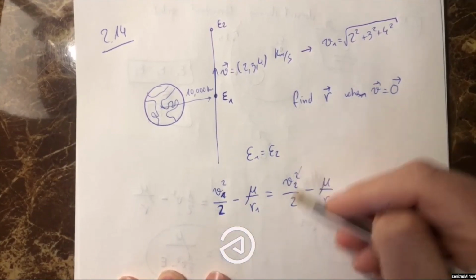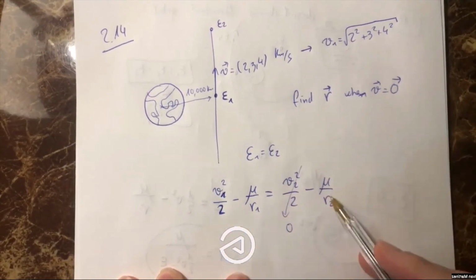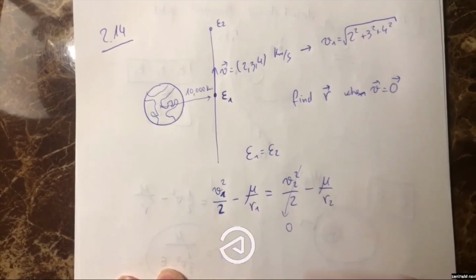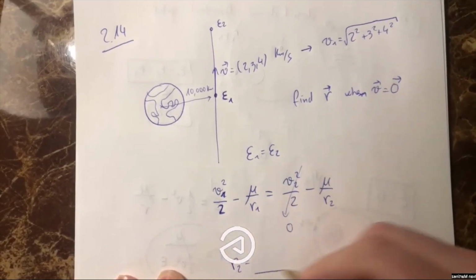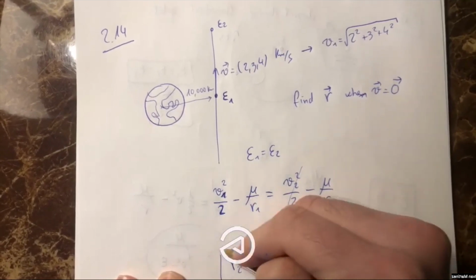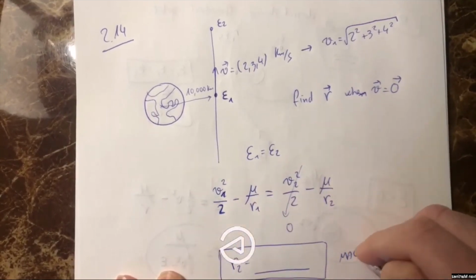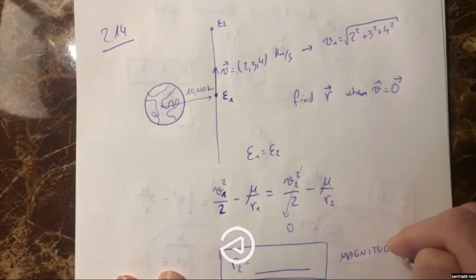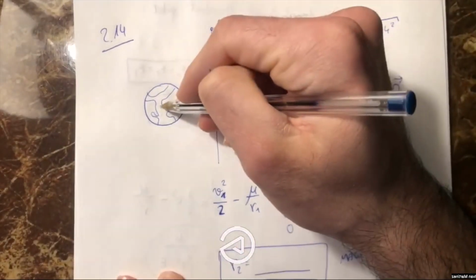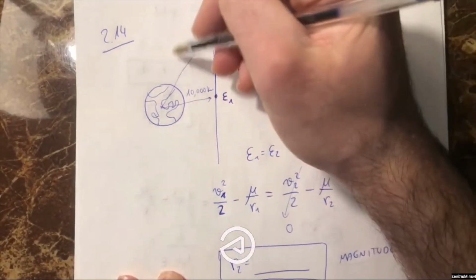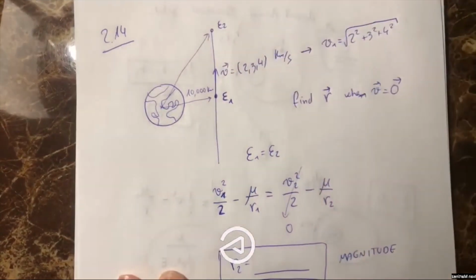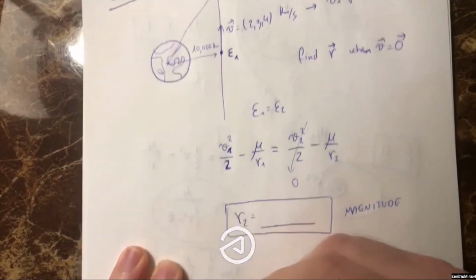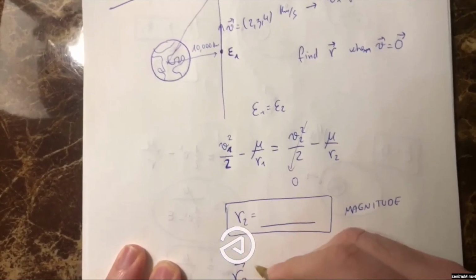Then this is 0. And you can solve for R2. But this gives you magnitude. So it will only give us this distance in magnitude. But it's asking us for the vector.